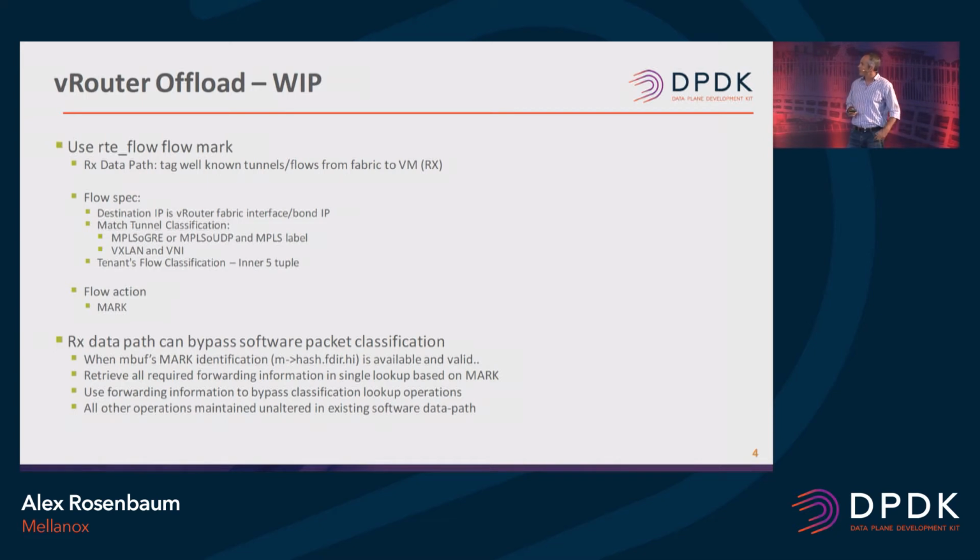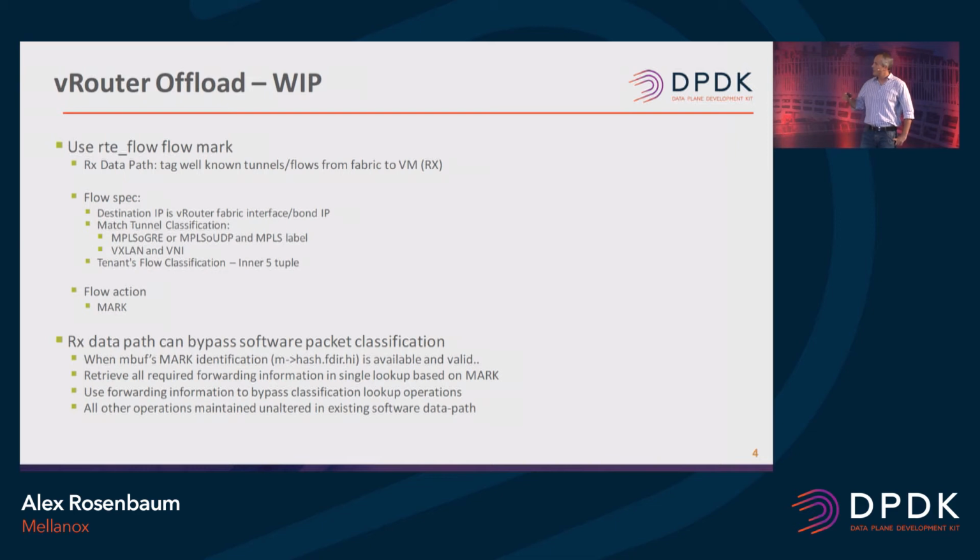If we detect a specific tunnel or flow, we can detect this according to the destination IP of the vRouter. We can match according to tunnel classification, specific, again, for MPLS over GRE or over UDP, which are more specific to Tungsten deployments. Then the MPLS label, or similarly to VXLAN, the VNI classification. And then there's the specific tenant flow, the inner 5-tuple of the tunnel.